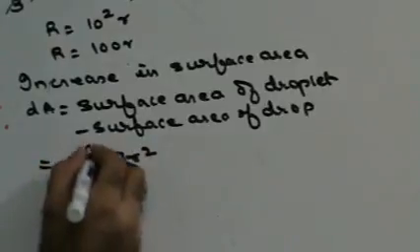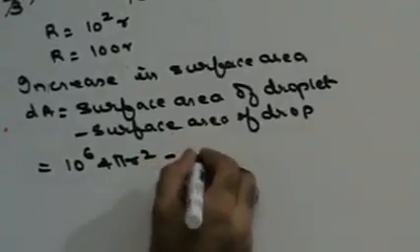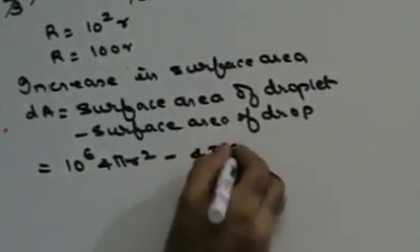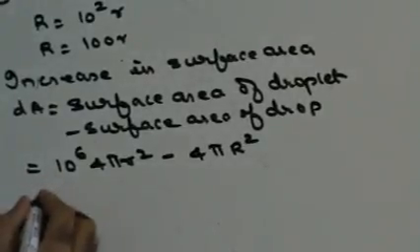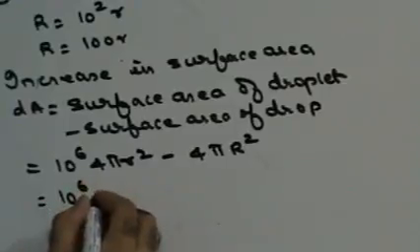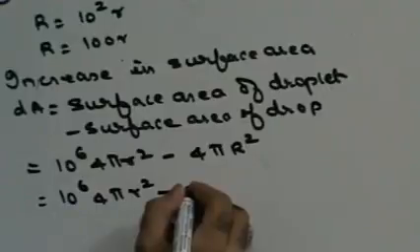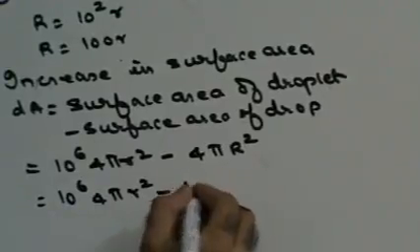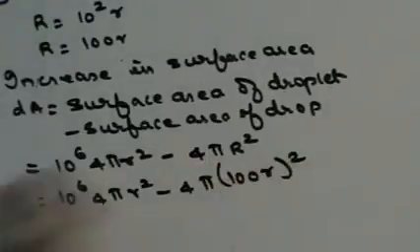Since there are a million droplets, it is 10 raised to 6 into 4 pi r square, minus surface area of drop 4 pi R square. Now in this case R is equal to 100r, so I can write 10 raised to 6 into 4 pi r square minus 4 pi, R written as 100r, the whole square.